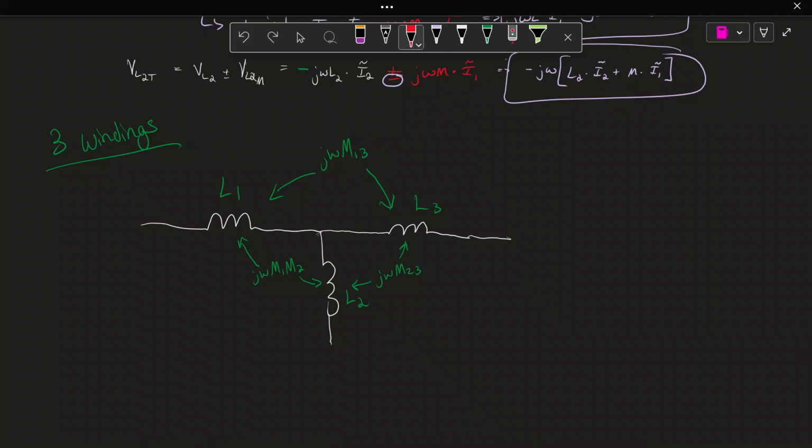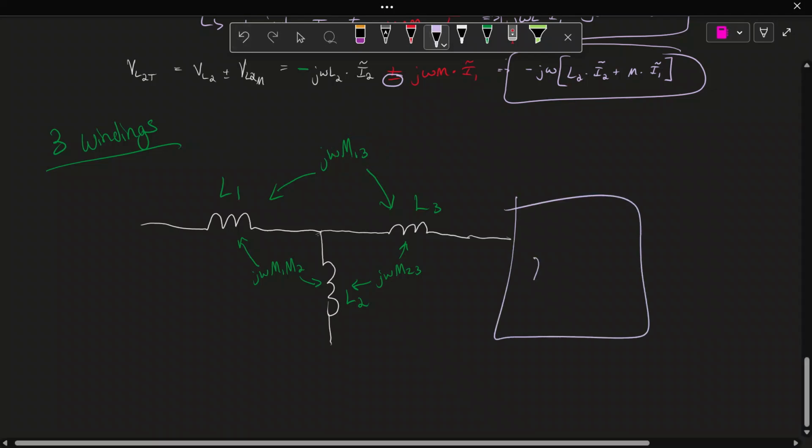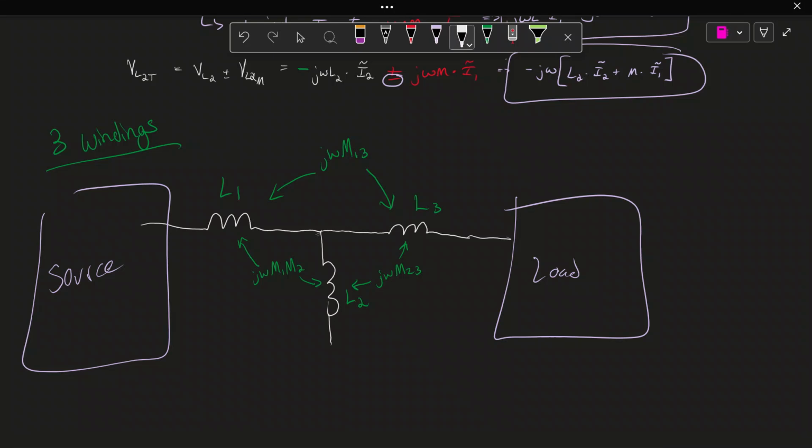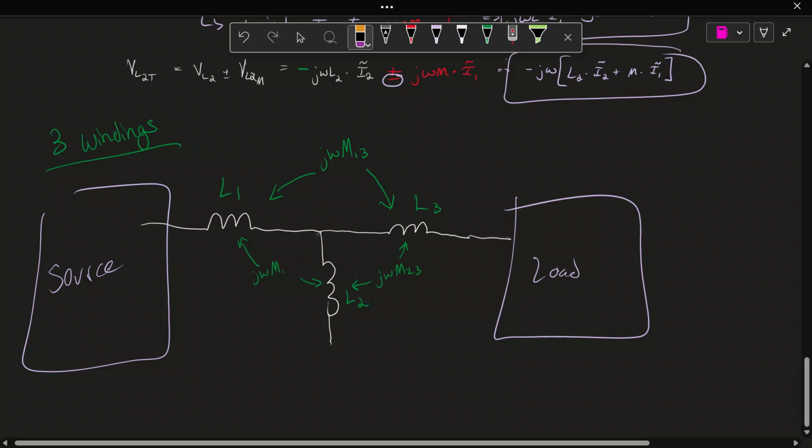So let's do this part. And these are just going to be like a load and source over here. It doesn't matter what they are. We're only looking at the windings. Okay, well, let's think about this. Let's get arbitrary points to put dots. Also, why is this M1 and 2? This should just be M1,2. Before we get into that, I'll try and read these out for y'all.